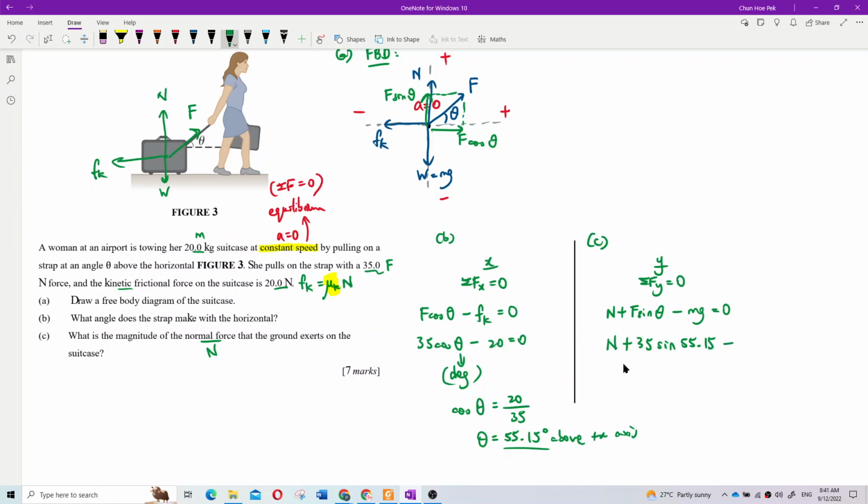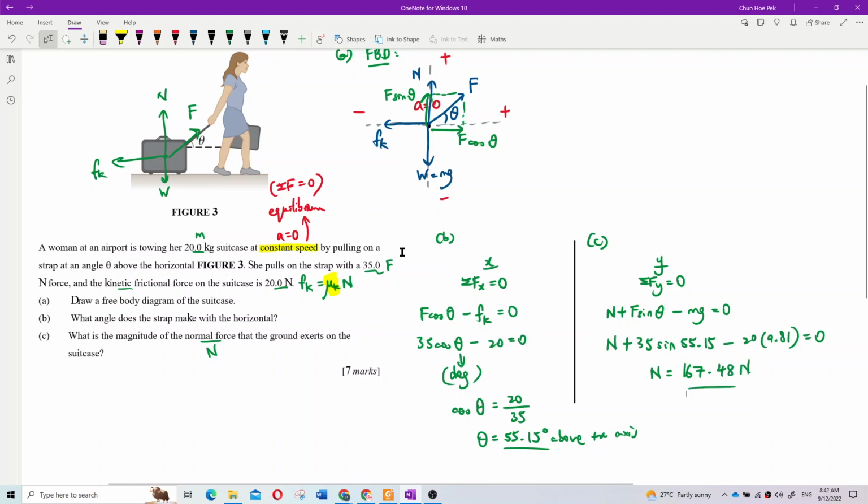And then minus the mass, which is 20 kilogram, times 9.81, equal to 0. So 20 times 9.81, minus 35 sine 55.15. The answer is 167.48 Newton. So that's the answer.